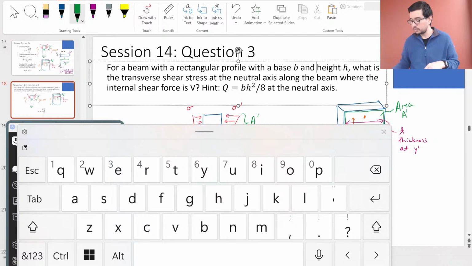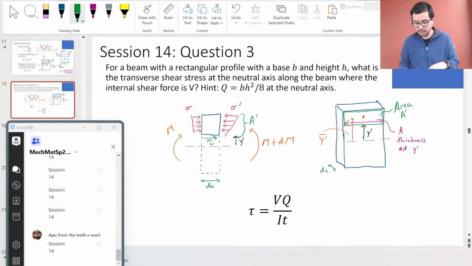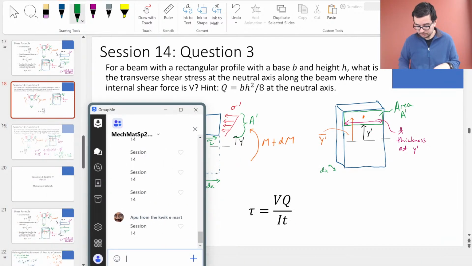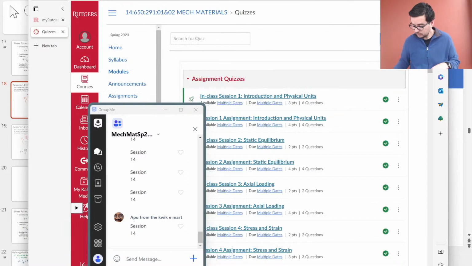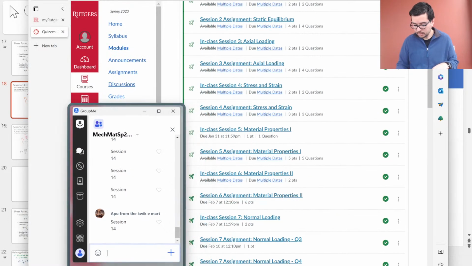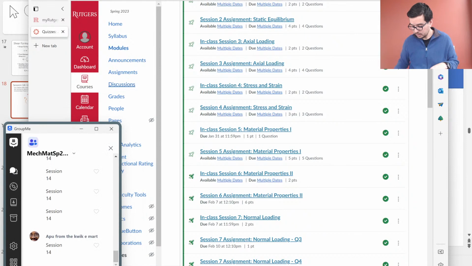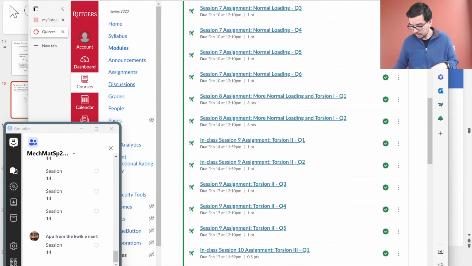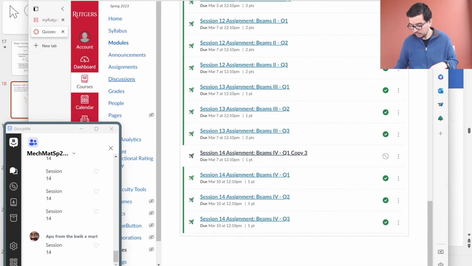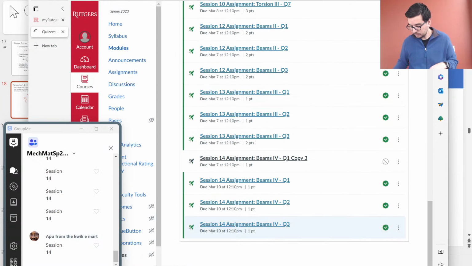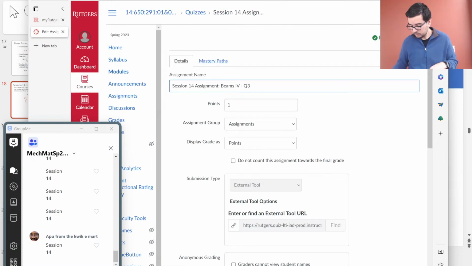Oh, megapascals. Yeah. Base B, height H. I don't mind.